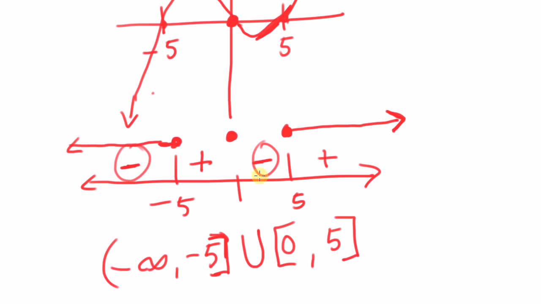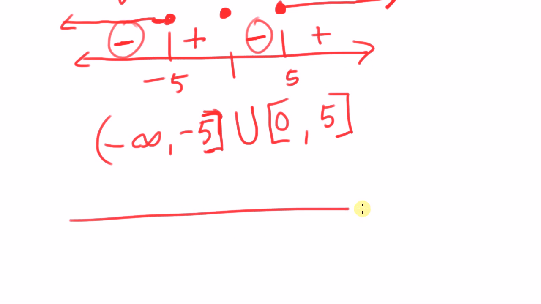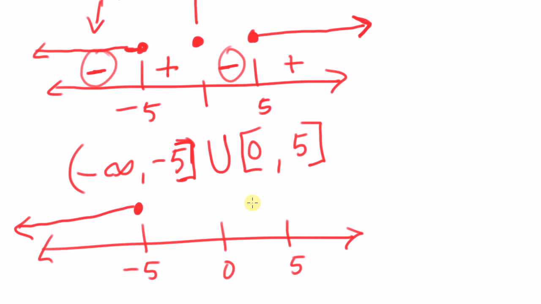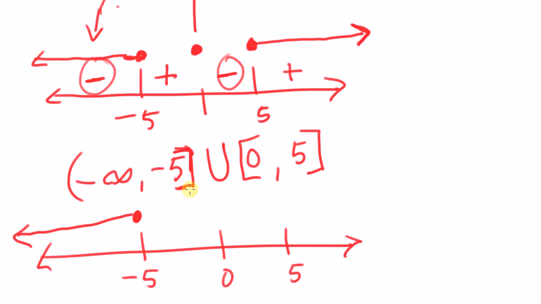And actually I messed up right here. So I'm going to redraw this graph here. 0 and 5. And where it's negative, if I'm graphing a solution, it would have to match this. I don't know if I messed up the other one or not.